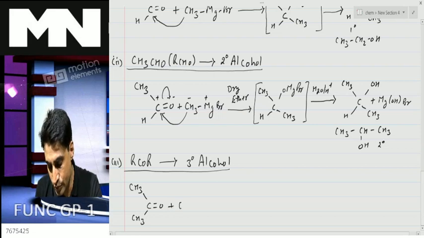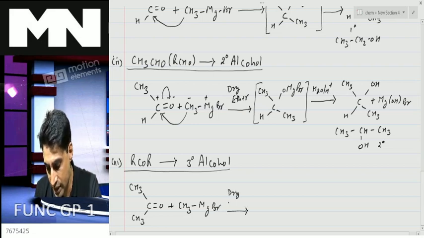I am reacting it with CH3MgBr in the presence of dry ether. I will get an addition complex, that is CH3, CH3, CH3, OMgBr.